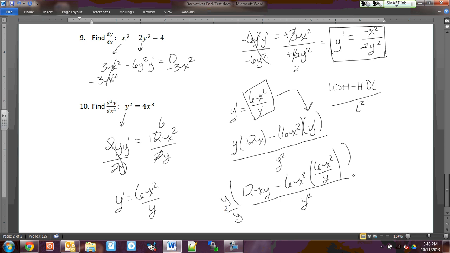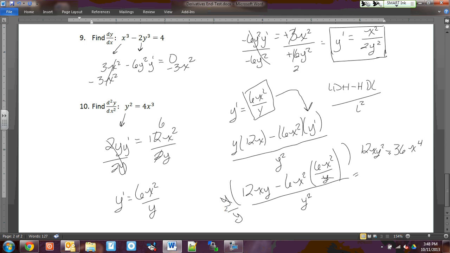So this becomes 12xy squared minus, now keep in mind this y cancels out with this y, but not before it squares this y. So you're going to get basically just 6 times 6, which is 36, and then x squared times x squared is x to the fourth.